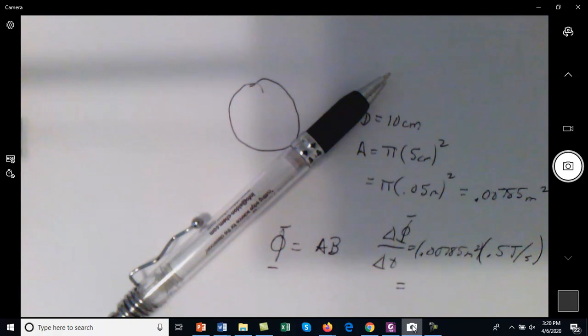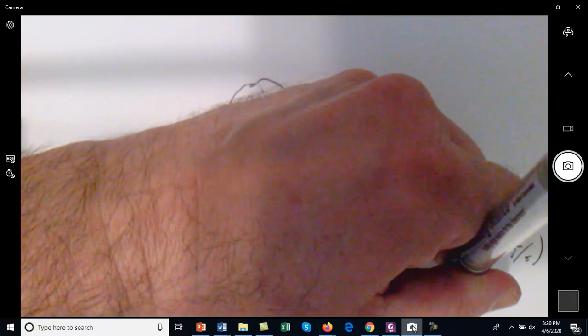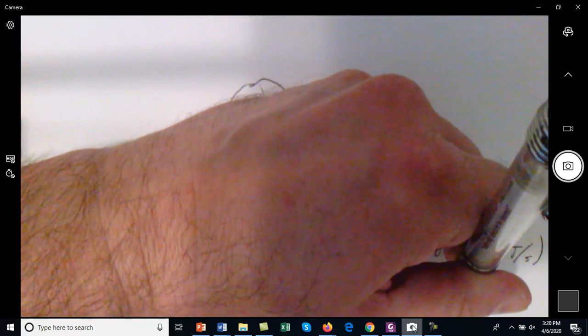So our change in flux then is equal to negative 0.0003 Tesla meter squared.